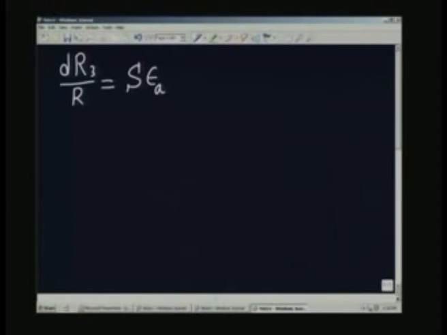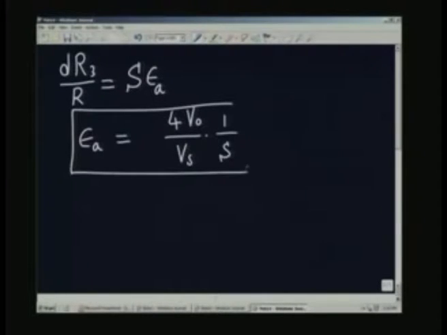Introducing this into the previous expression and rearranging, I get the following: the strain epsilon A is equal to 4 times V0 by Vs into 1 over S. This is the expression which relates the strain to the output voltage.